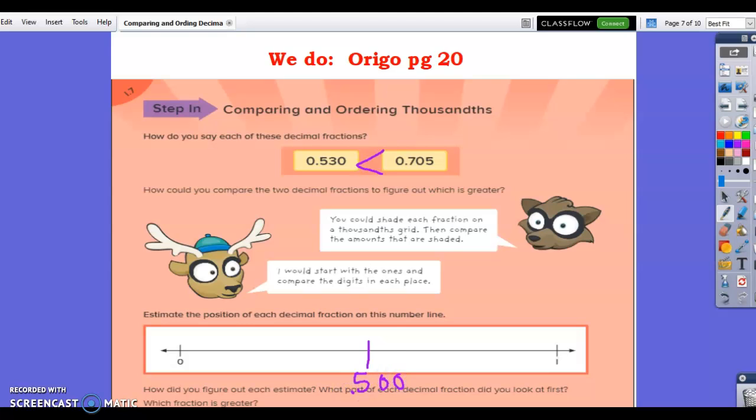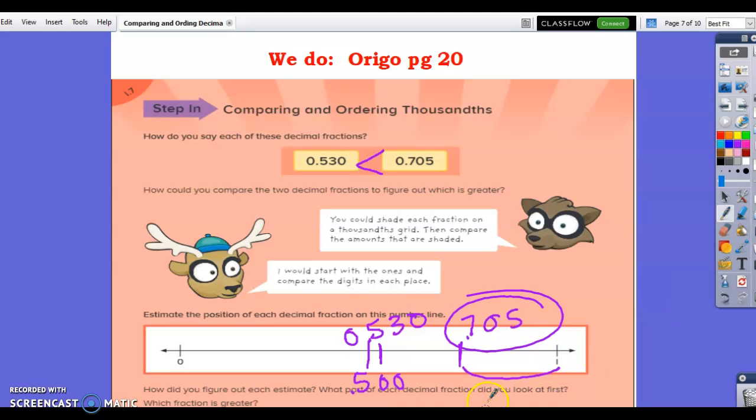Now your 530 is going to be right there, 530 thousandths. And your 7 is going to be afterwards, which is 705 thousandths. So if you're looking at it on the number line, it is closer to 1, therefore it is your greater number.